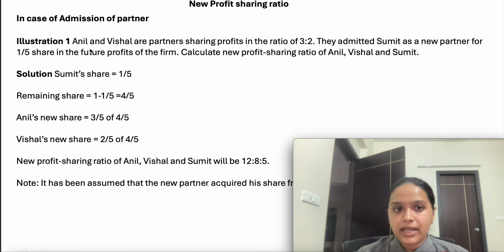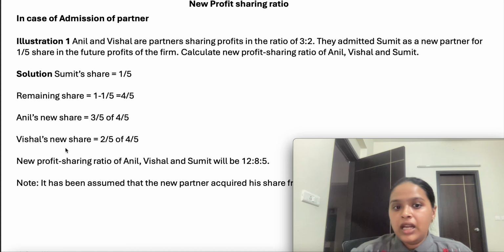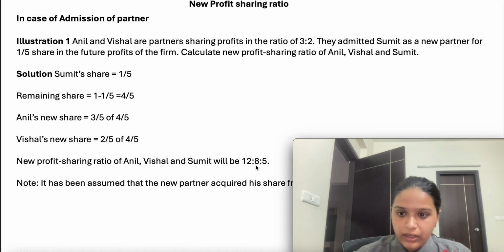It means Anil can get 4 by 5 into 3 by 5, and for Vishal 4 by 5 into 2 by 5. So the new profit sharing ratio for Anil, Vishal and Sumit will be 12:8:5. To solve this, you need to calculate the LCM and then you will be able to get this ratio.